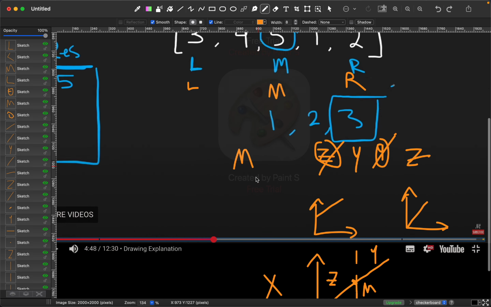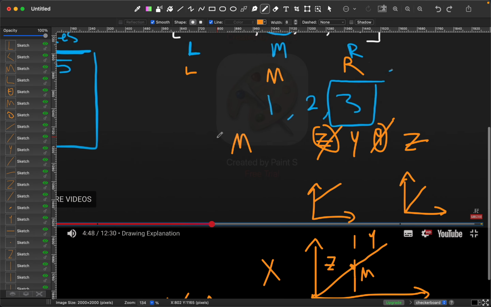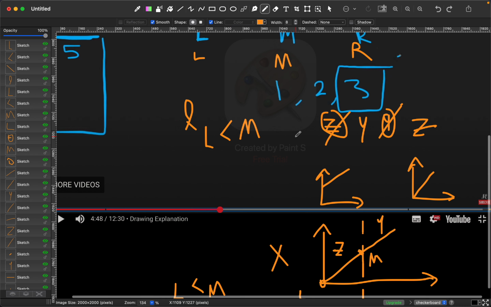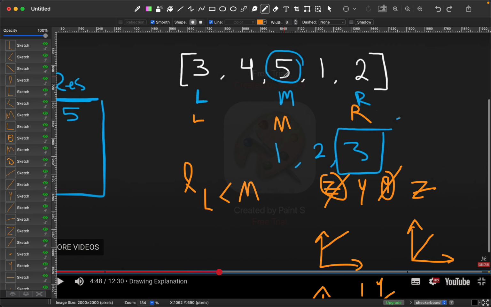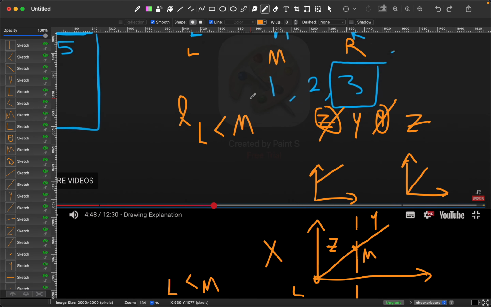So we come back to the operation of L. If my M is more than L, what I'm trying to check is whether I fall under the category of the Y or the Z. For this question specific, it's more than L, so it's actually normal.